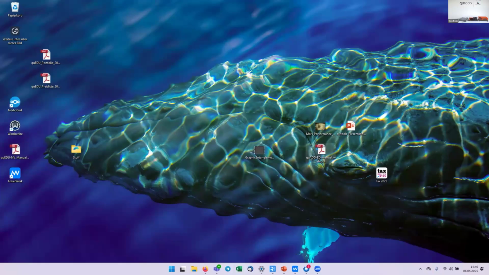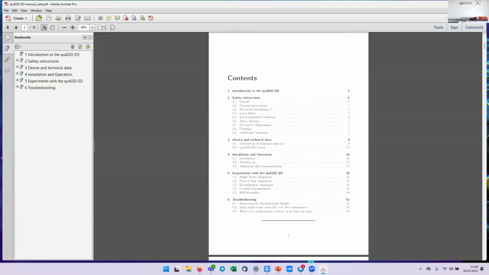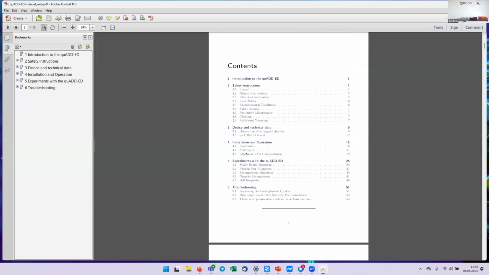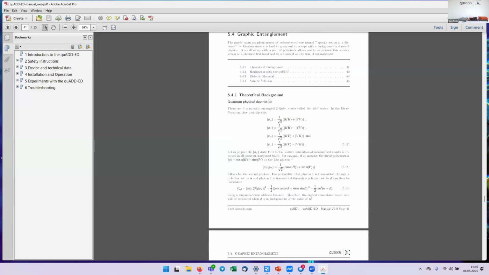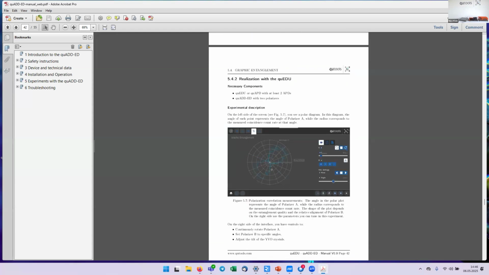So let me open up our manuals. They are also on the website. You can see here for the entanglement, for the photonic system, for example, this is the table of contents. Besides the usual safety instructions and some technical data on the device, we have a huge section on installation, starting up, and the first alignment after transportation. And then for each of the experiments that I just went through, we have material, which consists of a theory part.